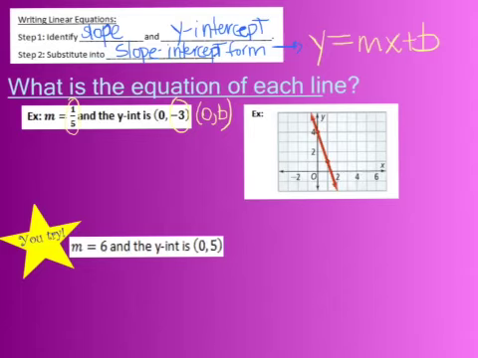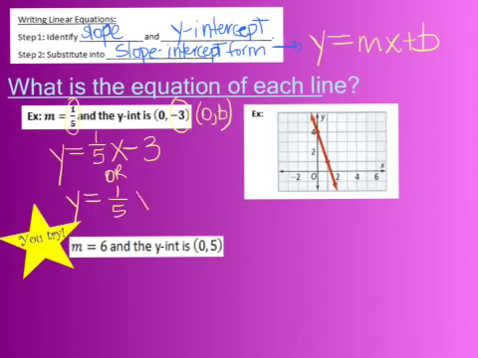So the equation of our line that has slope of 1/5 and a y-intercept of 0, negative 3 would be y equals 1/5 x minus 3. Or, if you prefer, y equals 1/5 x plus negative 3, because that's the same thing. Alright, and that's it. So we wrote the equation of the line.